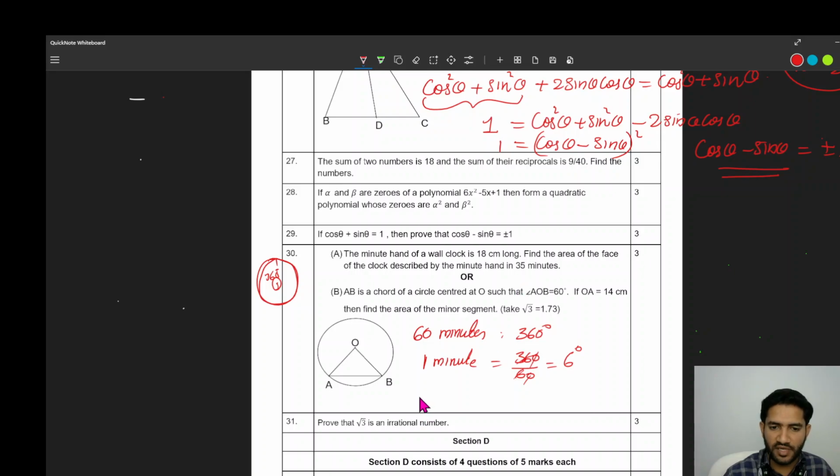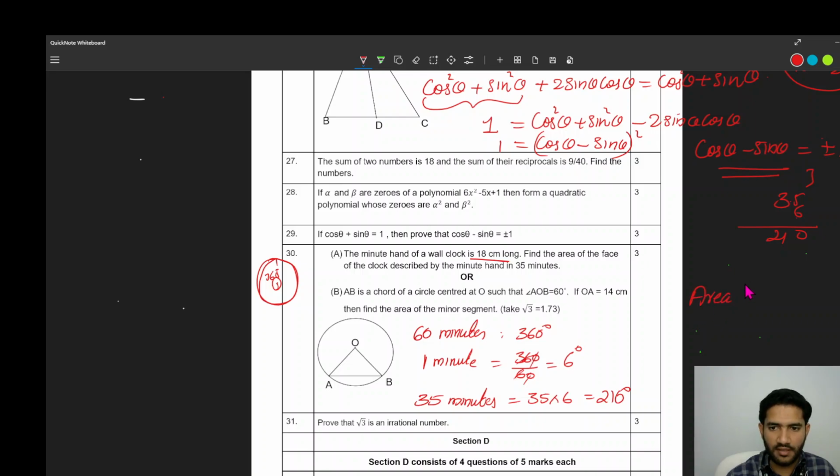So here 35 minutes. So 35 into 6 is 210 degree. Now the angle is given. We found the angle and the radius is given. The minute hand of the clock is 18 centimeter long. So we can find the area.